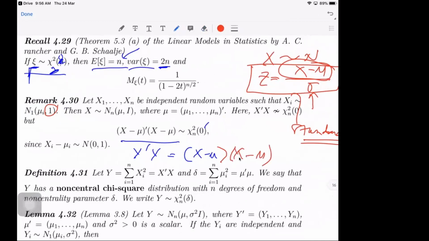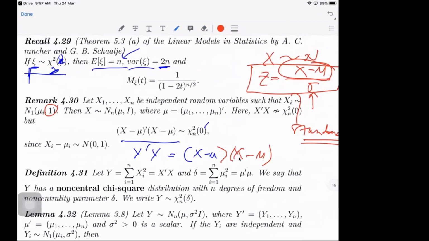Okay? So this is our usual standardization formula, where you standardize and it becomes standard normal with mean 0. So it is central as long as it is standard normal, no?